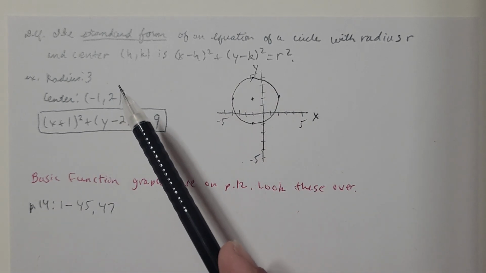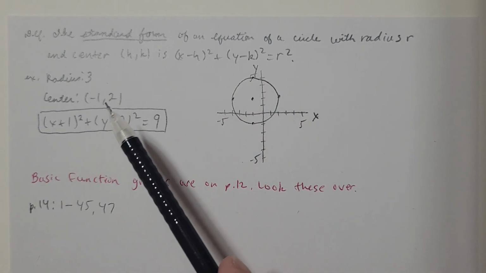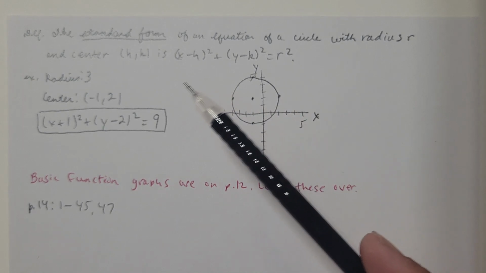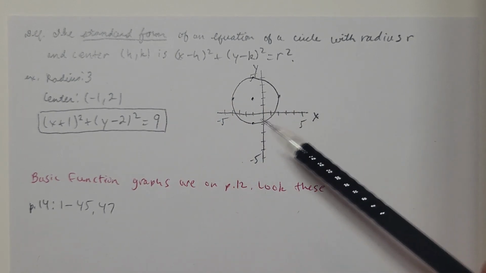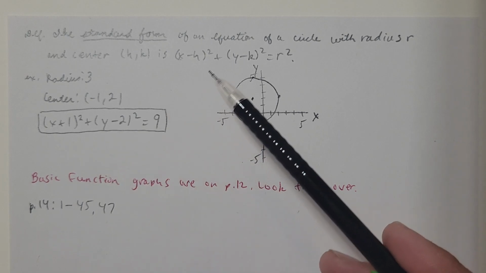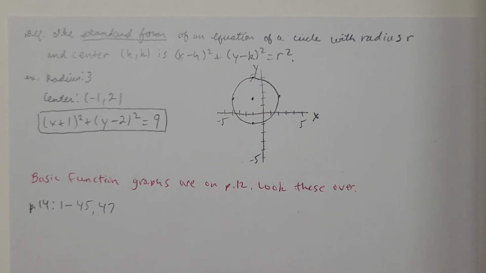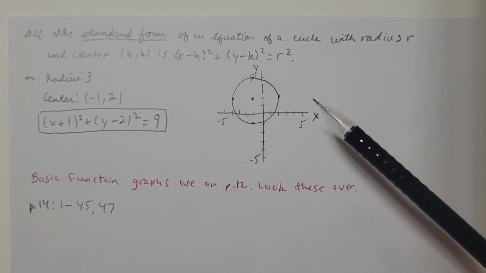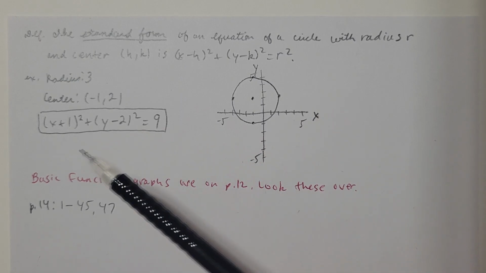So it looks like r is 3, h is -1, and k is 2. So I'm going to have x minus -1, which is the same as (x + 1)^2, plus (y - 2)^2 equals, the radius is 3, so 3 squared is 9. Okay, and then I'd circle that equation there.